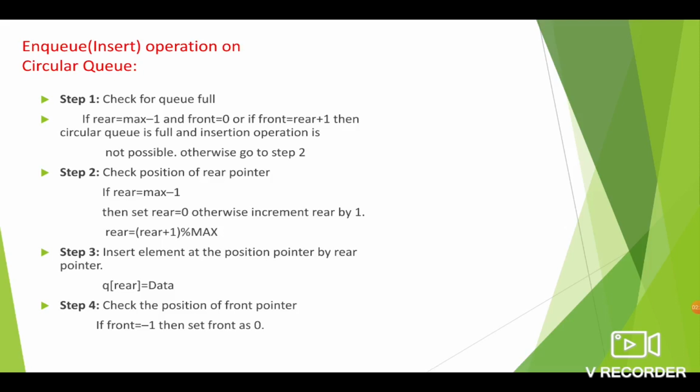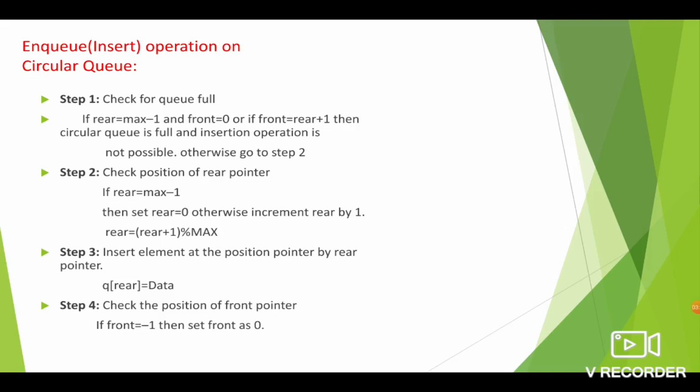If it says so, the circular queue is full, okay, and insertion operation is not possible. So in a normal queue, we just check rear equal to maximum minus 1. That is enough for a normal queue. Since it is a circular queue, you use the condition rear equal to max minus 1 and front equal to 0, or front equal to rear plus 1.